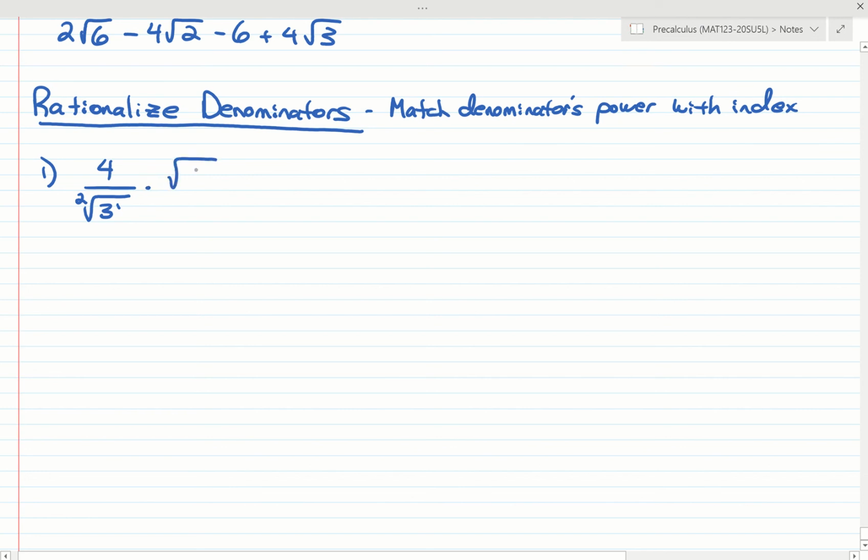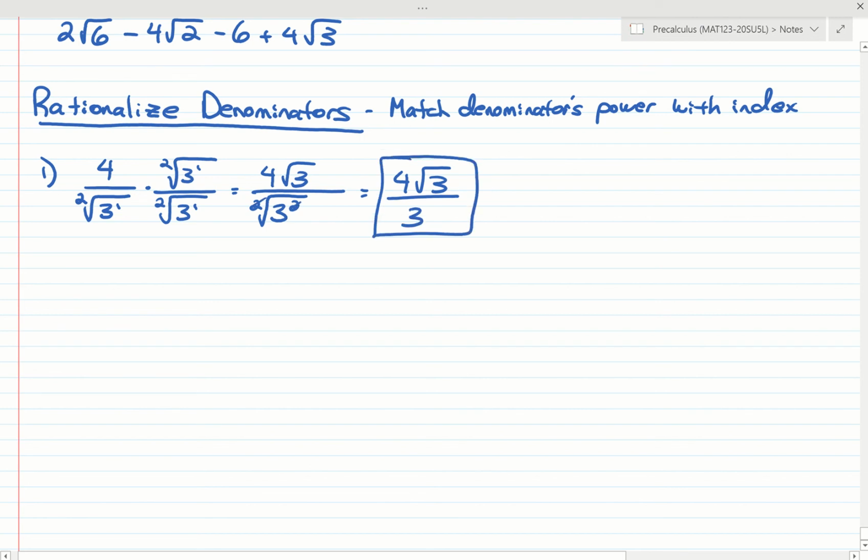The way that I could do that is if I multiply by the square root of 3 to the first over the square root of 3 to the first, look what happens to the bottom. 3 to the first times 3 to the first is 3 to the second, and that matches with the index. So the numerator would stay 4 root 3. We don't really care about the numerator, but the bottom, the square root of 3 squared, these would cancel and you just get 3. That's how you rationalize a denominator.